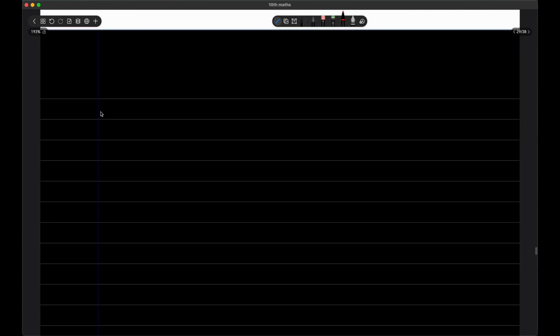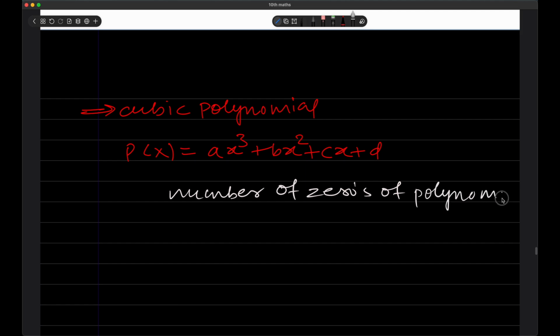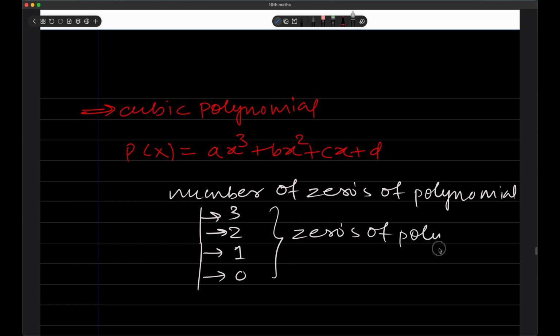For a cubic polynomial, p of x equals ax cube plus bx square plus cx plus d, has either 3, 2, 1 or 0 zeros of the polynomial.